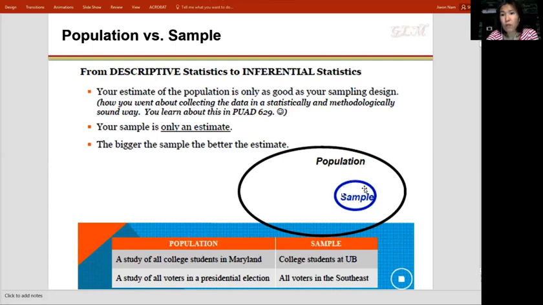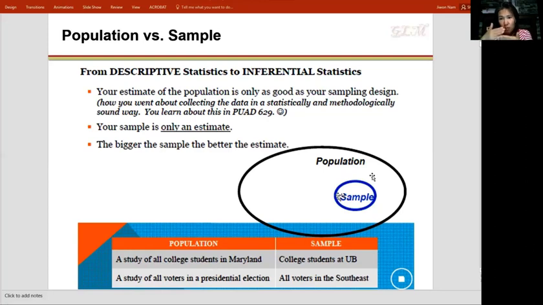So you have 100 sample means, and each sample mean has a variation, a deviation from the population mean. That is the sampling distribution.